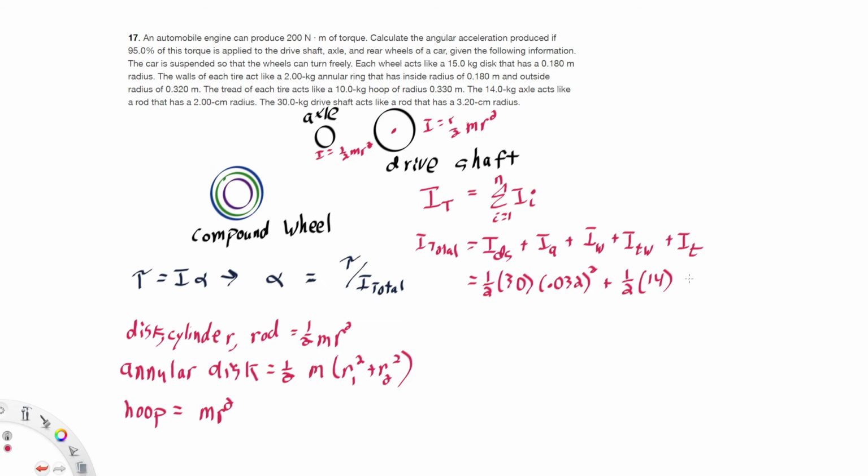So r is 2 centimeters, so 0.02 squared. The wheel, which they're telling us to treat as a solid disk, is going to have a moment of inertia of 1/2 m, which is 15 kilograms, and then r squared, so that's 0.18.